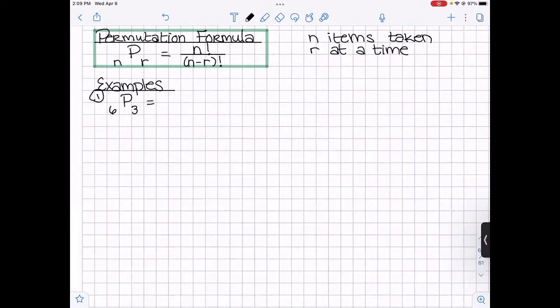What's n? 6. So 6 factorial divided by 6 minus 3 factorial. So n permutations of r, n is 6, r is 3.